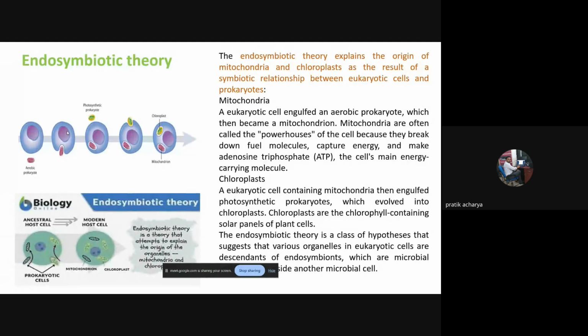They break down fuel molecules, capture energy, and make adenosine triphosphate, ATP, the cell's main energy carrying molecule. That's why it was assumed that eukarya formed in this pattern.